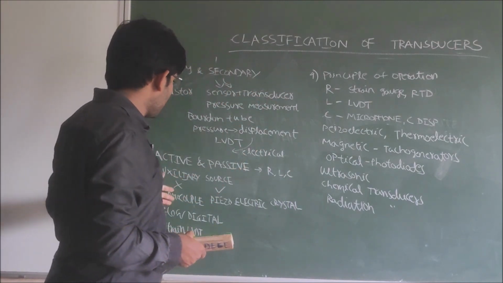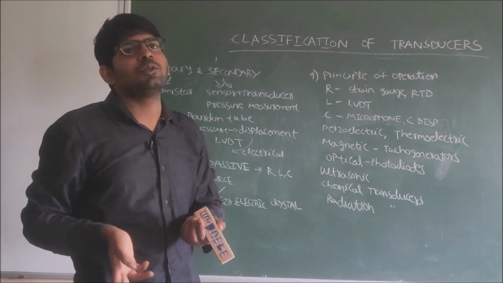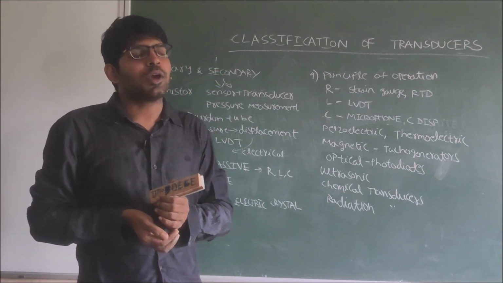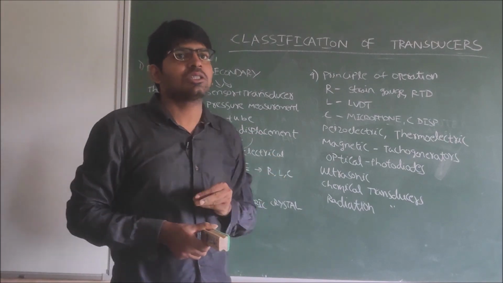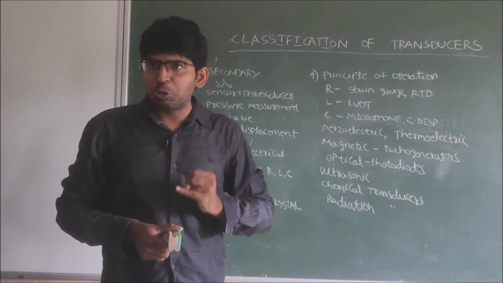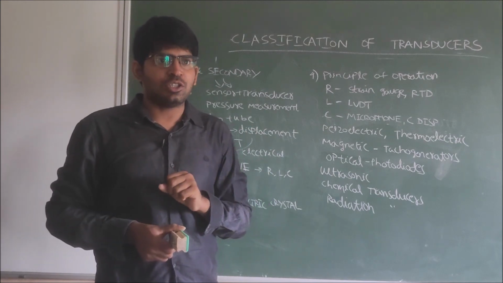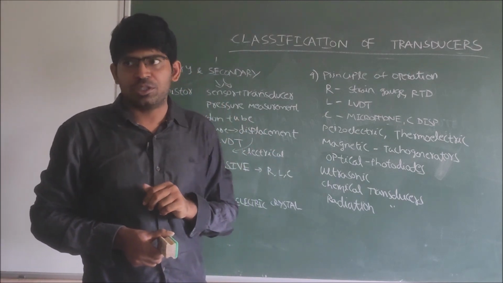Examples are the thermocouple and the piezoelectric crystal, which changes a mechanical signal into an electric signal. Whereas the passive transducers are the resistive transducer, inductive transducer and capacitive transducer. These three are the passive transducers.